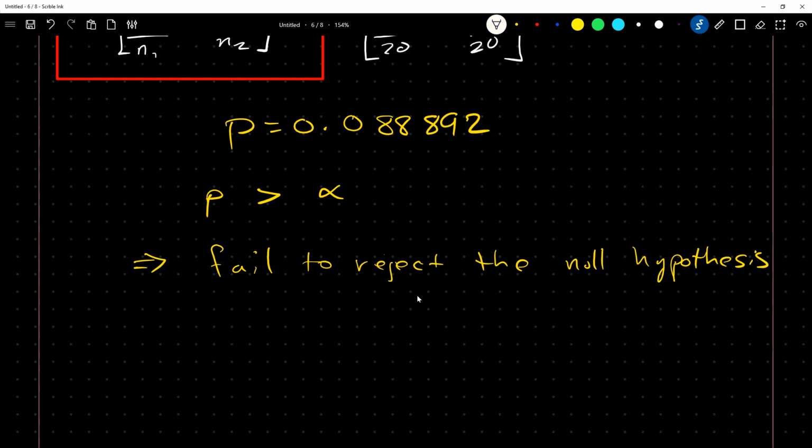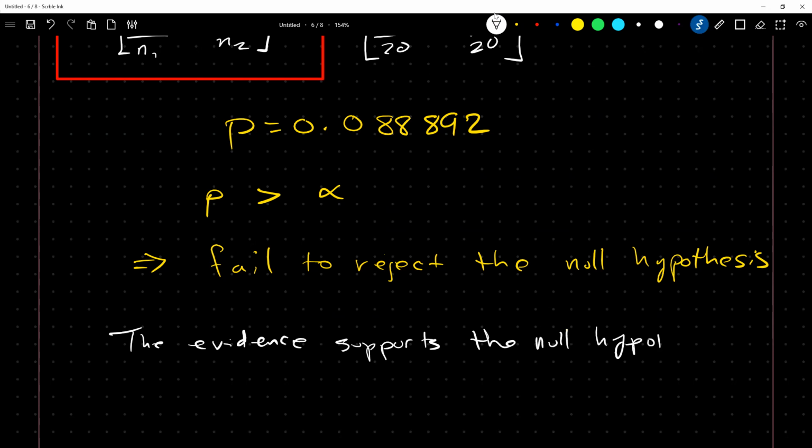No. We failed to reject. The evidence supports the null hypothesis, meaning that there is no difference, right?